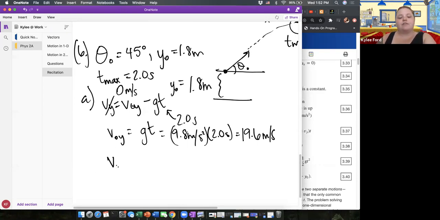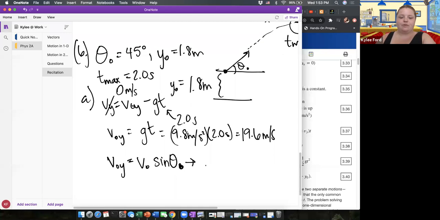Remember that my V naught y is V naught times sine of theta naught. So what I'm going to do now is solve for my initial velocity by plugging in these numbers.